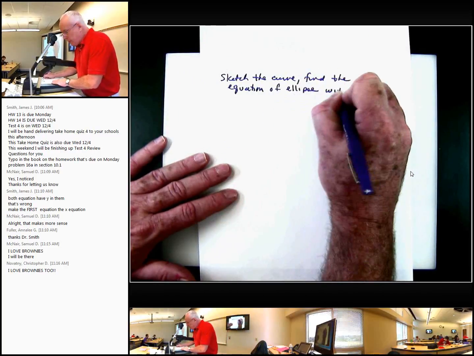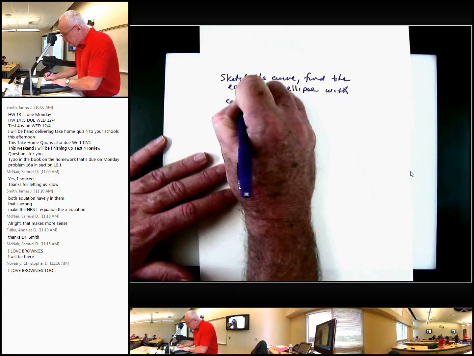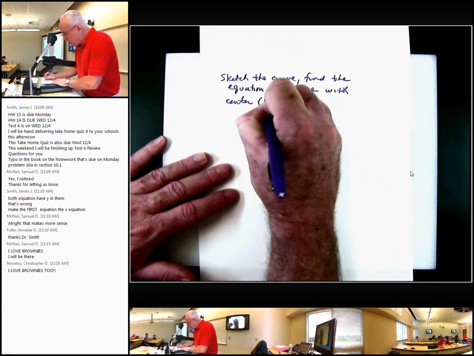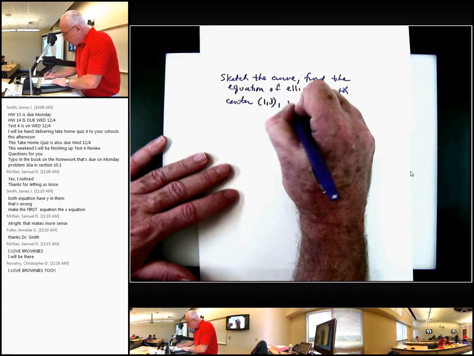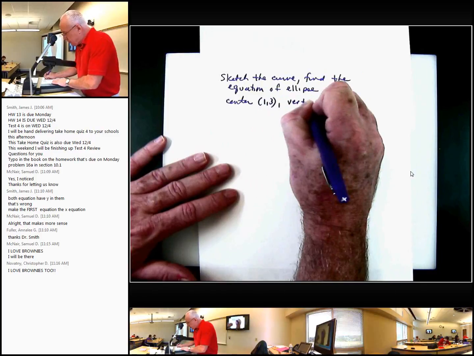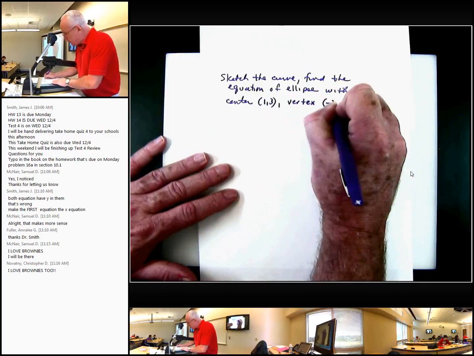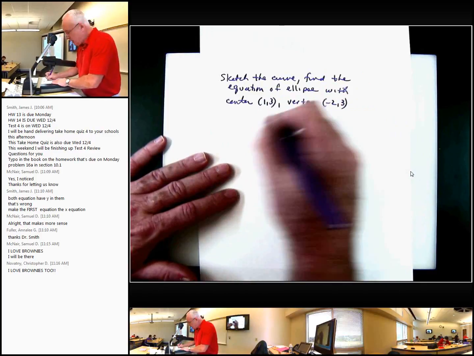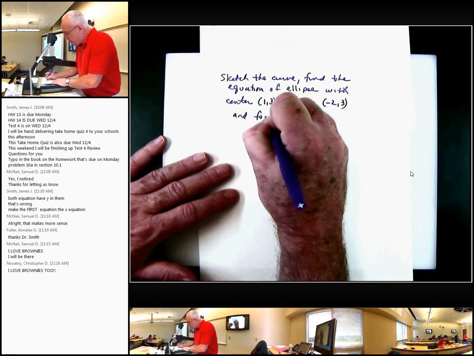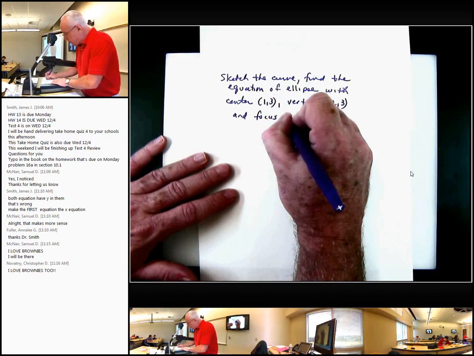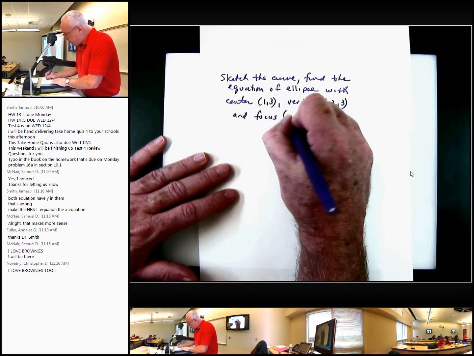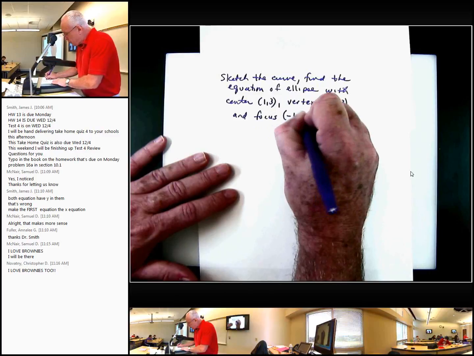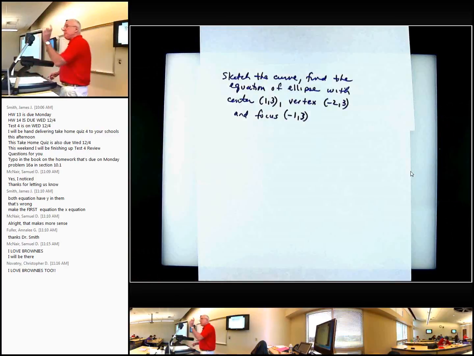Let's see, what are we given? We're given the center of it is (1, 3). We're given one of the vertices, vertex is (-2, 3). Wow, we're given a lot of stuff. And one of the foci is (-1, 3). We certainly know that an ellipse does have two foci, and it has 2 vertices. So we're given one of each.